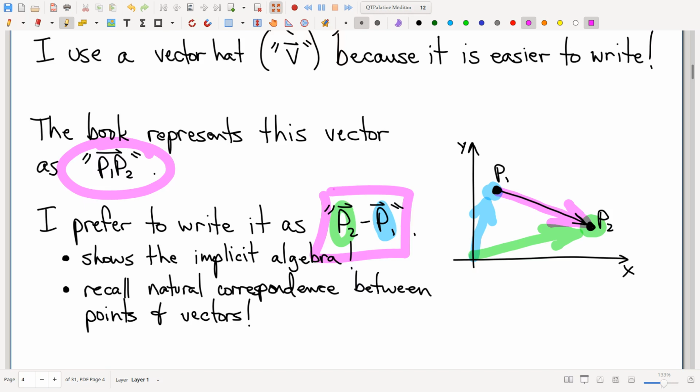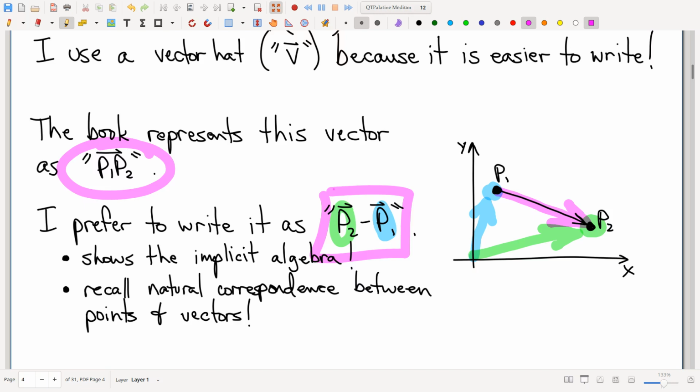But I think I can make a much stronger case for the advantages of this notation, and it goes as follows. Algebra is a good thing. Algebra is how we solve problems. Algebra is awesome. I want to show the algebra. I don't see any algebra in that notation. I'm hiding the algebra.